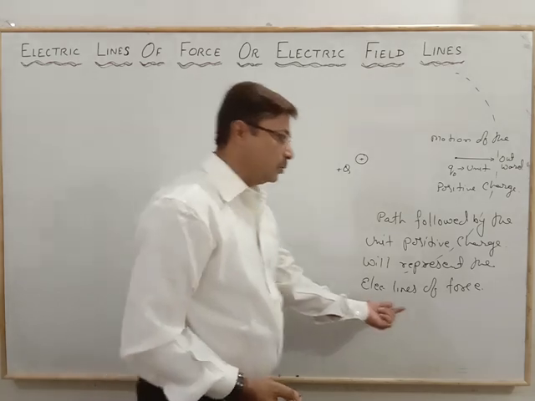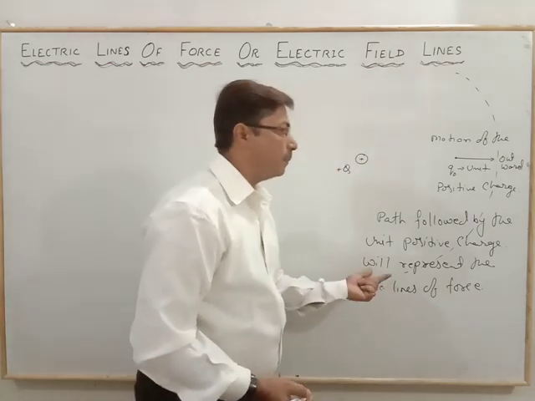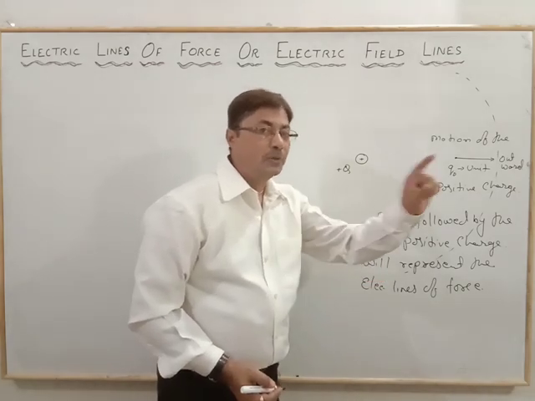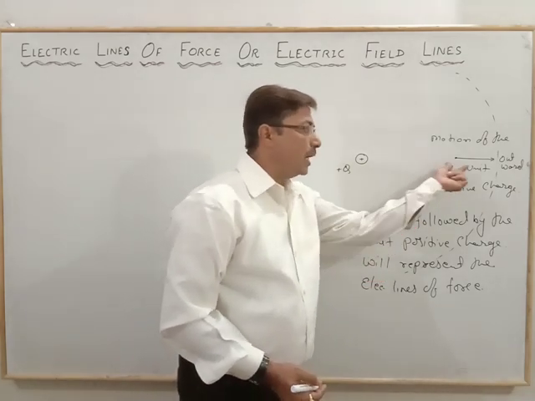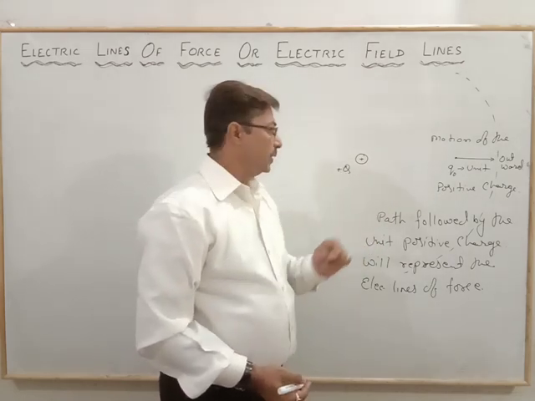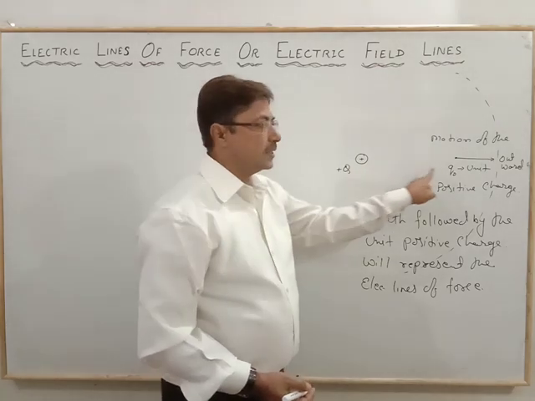The term we use is force, but actually it is the path. The path where the unit positive charge will move, and this path will represent the direction of the electric field also. From the positive charge, it is outward.